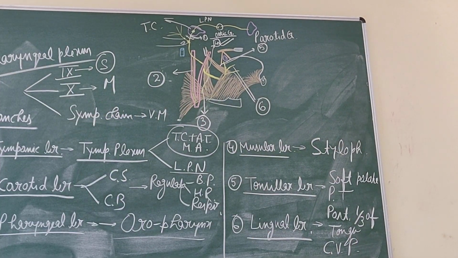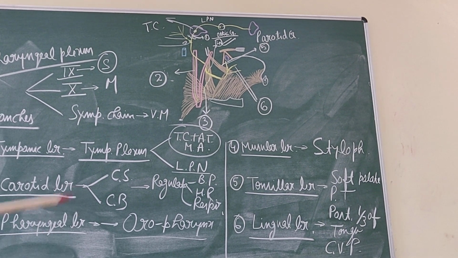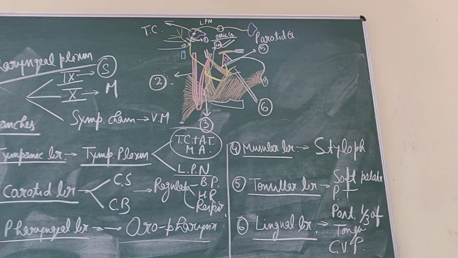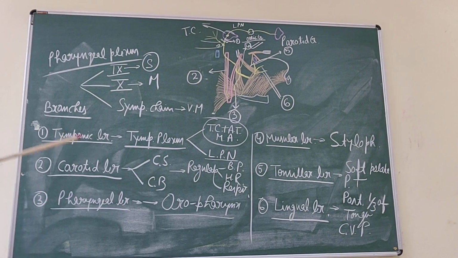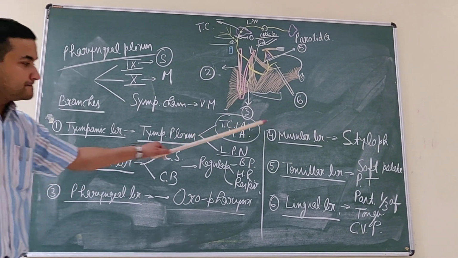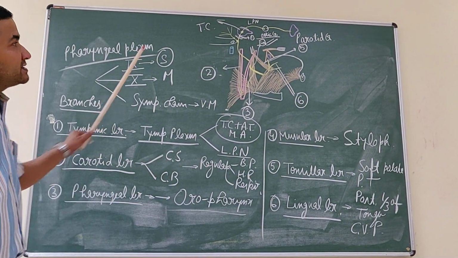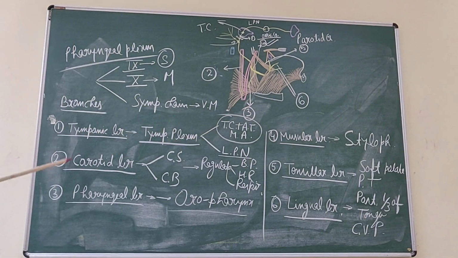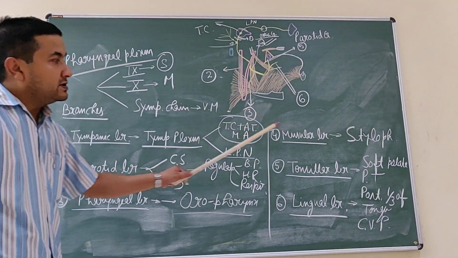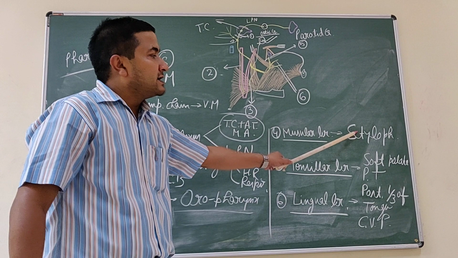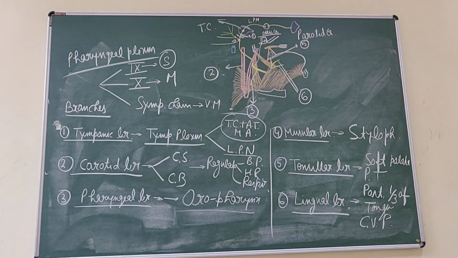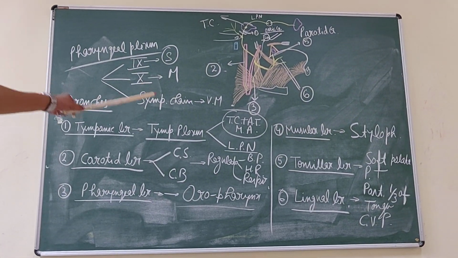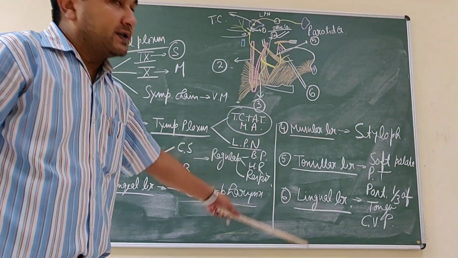It is the lingual branch that supplies this region. So this glossopharyngeal nerve gives 6 branches, and through these branches it supplies these regions. Out of the 6 branches, there is only one muscular branch that supplies the stylopharyngeus muscle. Otherwise, all are sensory branches.